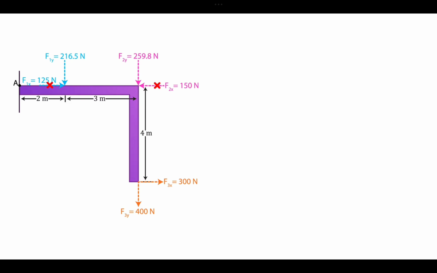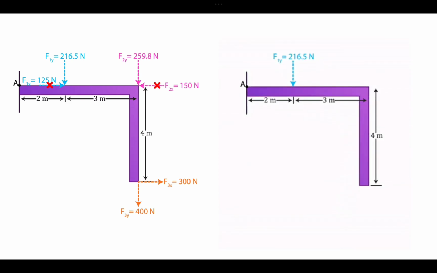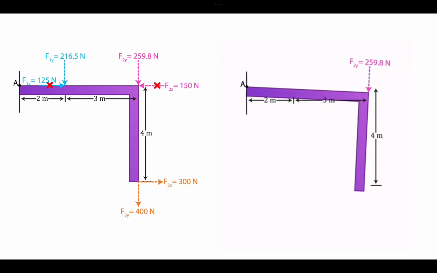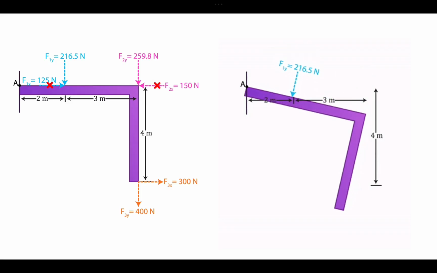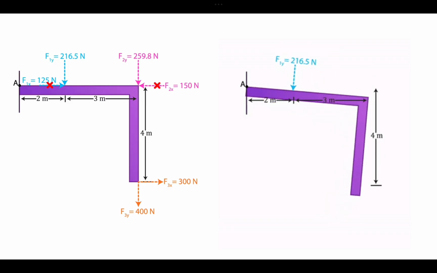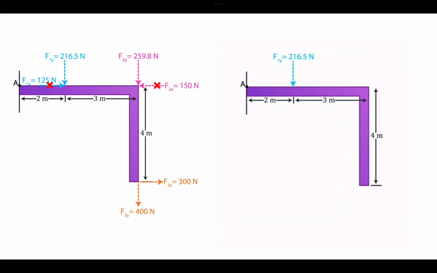For instance, F1y is creating some moment, and F2y is also creating some moment. Now you need to keep in mind in which direction it is rotating the body. F1y is rotating in the clockwise direction, so whatever moment we get will be positive, and the distance for F1y is 2 meters.